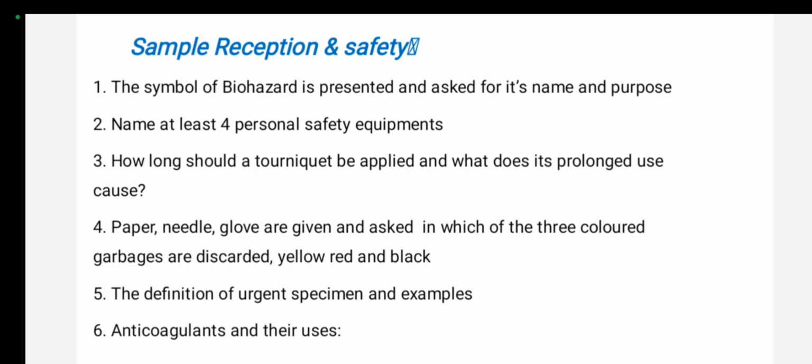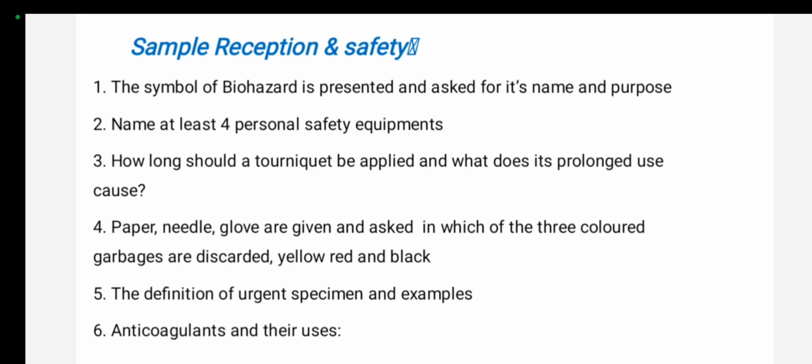So we have to know which disposal system is appropriate for which kind of biohazards, which kind of infectious things or wastes.